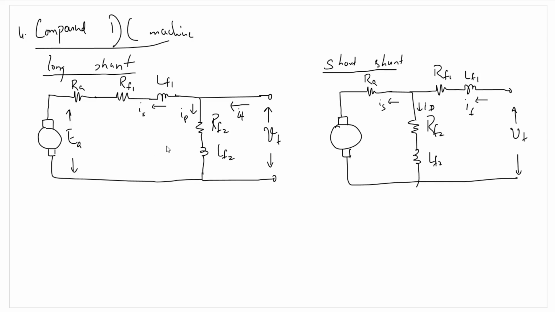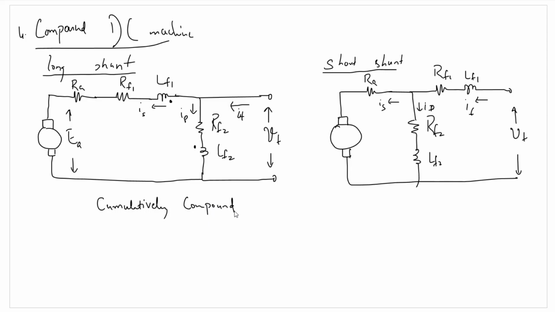Also, we need to note here how we are winding LF1 and LF2. If they are wound in a fashion that the magnetomotive force produced by LF2 as well as the magnetomotive force produced by LF1, as shown here by the dot connection, will be additive in nature, it is known as cumulatively compound DC machine.